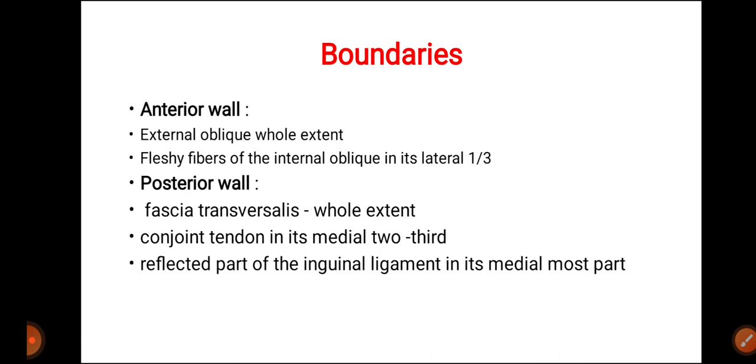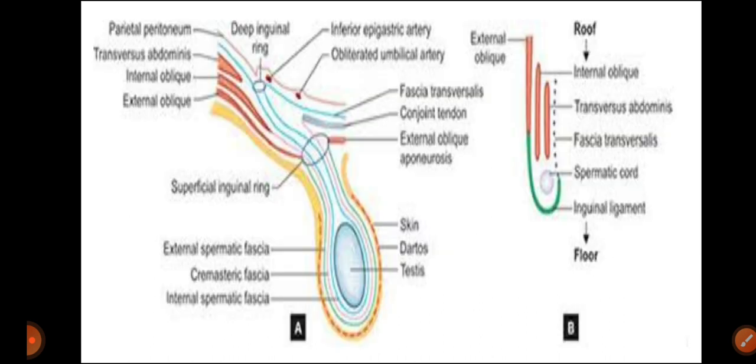The posterior wall is formed by transversalis fascia in its whole extent, and the conjoint tendon in its medial two thirds. The medial most part is formed by the reflected part of the inguinal ligament.